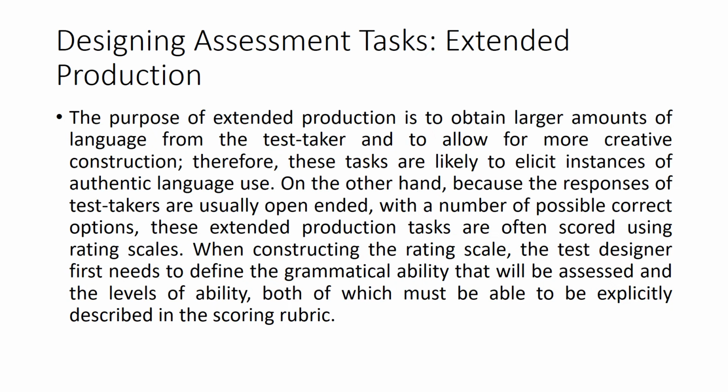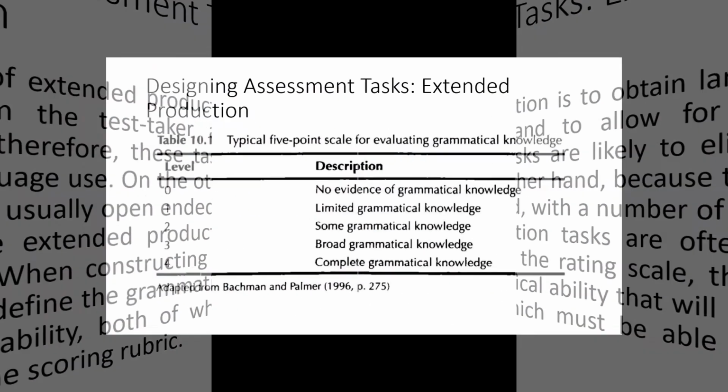Of course, all the elements of the rubric that he is going to put in his rating scale should relate to what? To the grammatical ability or the grammatical knowledge of his or her student.